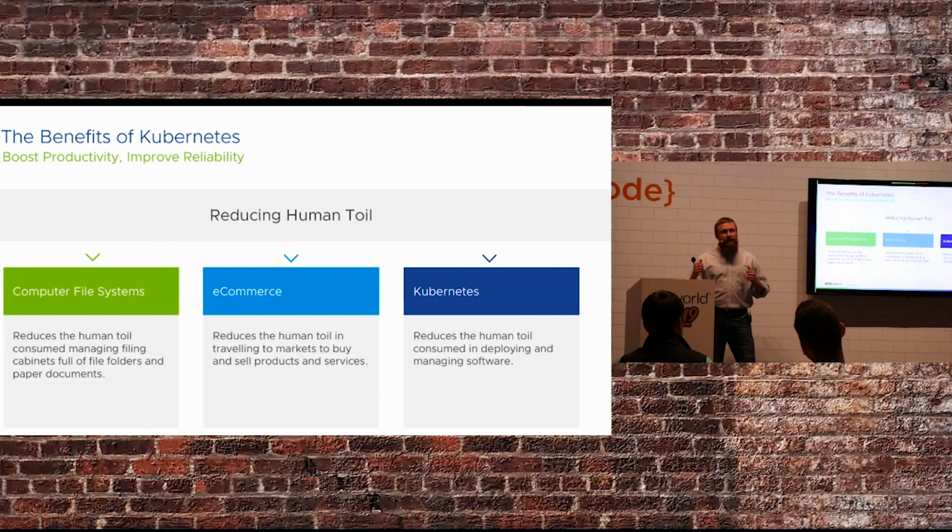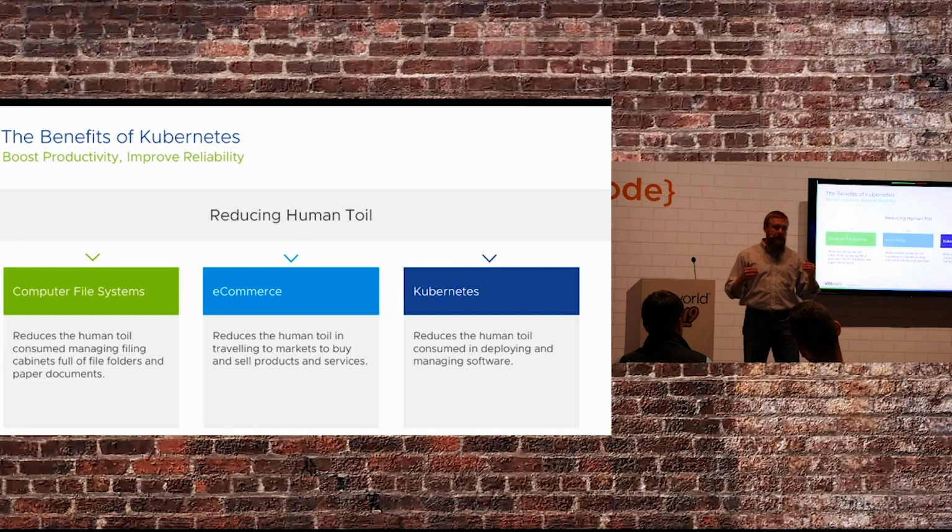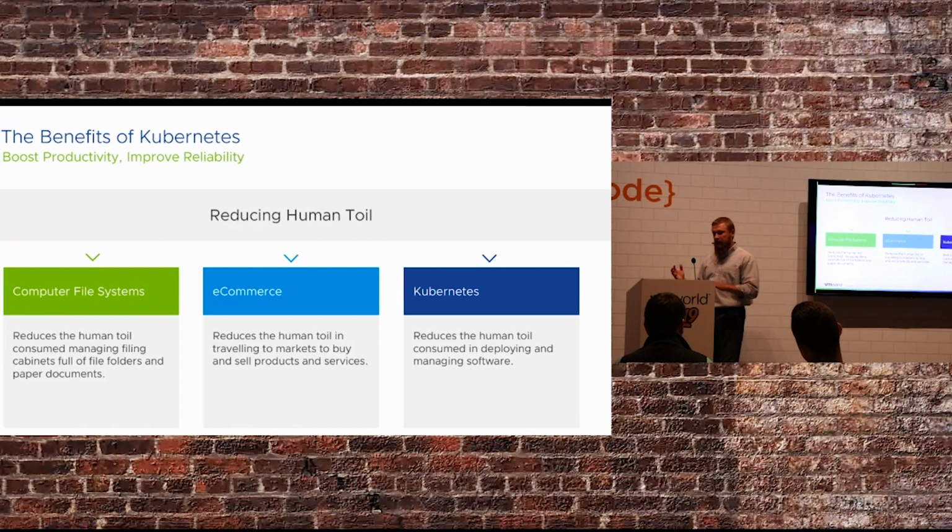And as software takes over the world, that impact is going to become more and more and more significant. Because the time that you save in having to toil over deployments and managing deployments is time that you can invest in developing and improving the efficiency and effectiveness of other systems, right? And that improves conditions for everybody involved.